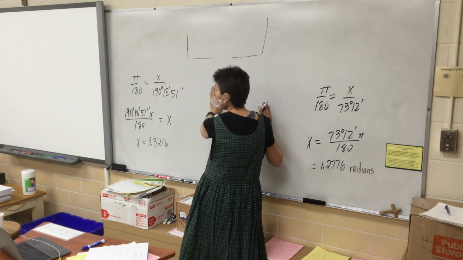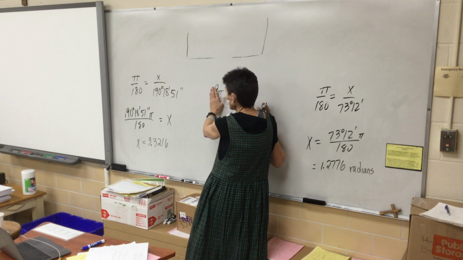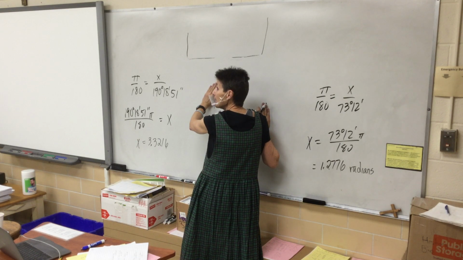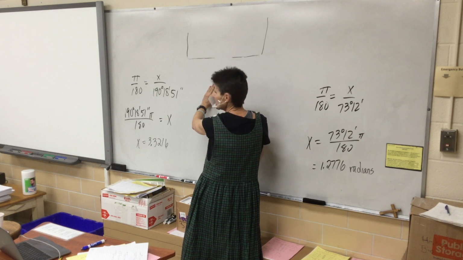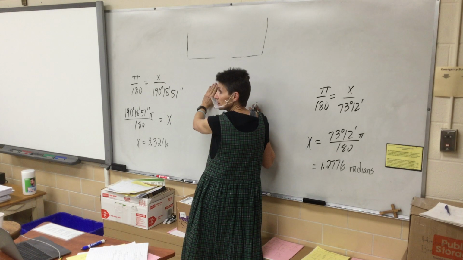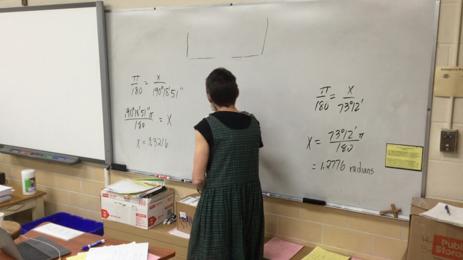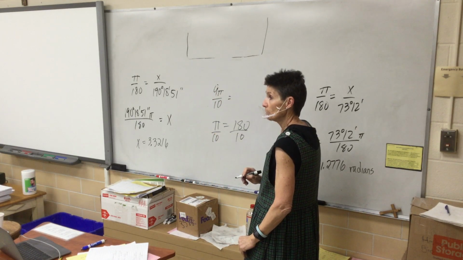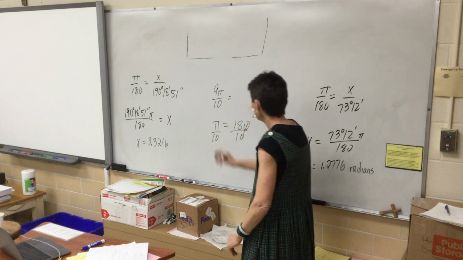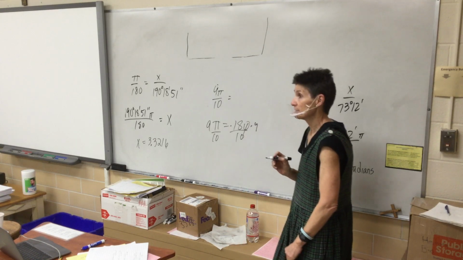We know that pi is 180, right? What would pi over 10 be then? If pi is 180, then pi over 10 would be, wouldn't that be 18? So pi is 180. So pi over 10 would be 18. And then 9 pi over 10 would just be 9 times 18.